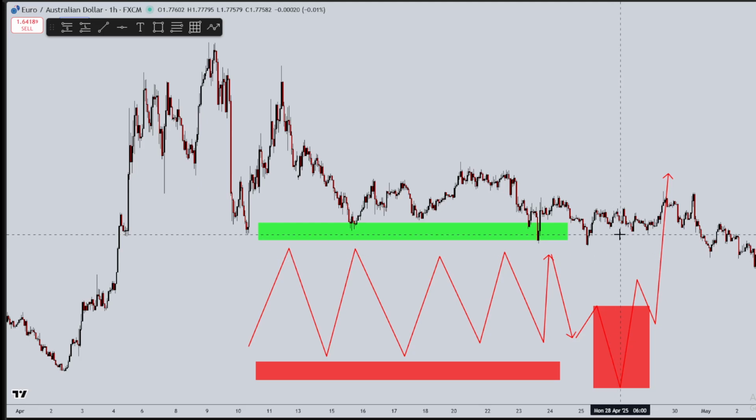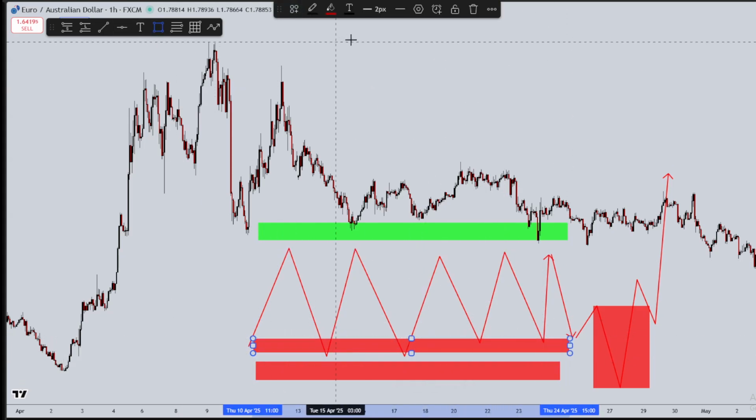Now, why should it happen and why should this level hold? Well, imagine there's only one person controlling the market. Realistically, it's banks, institutions, hedge funds, all of that stuff, but to simplify it, it's just one person. Now if he's looking for buys, then he needs a load of sellers to actually buy from. So where do you see a bunch of sellers? Well, loads of people would be looking at this as some support, and other people would be looking at this as resistance.